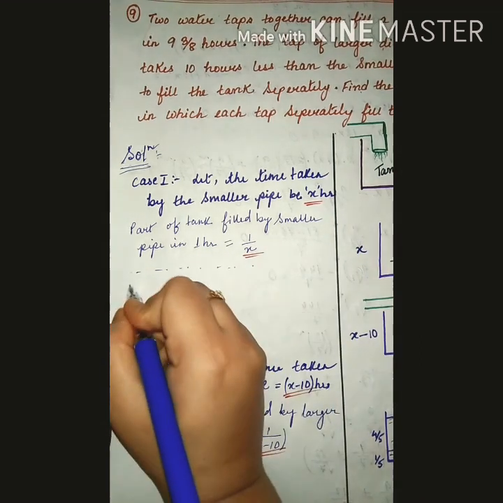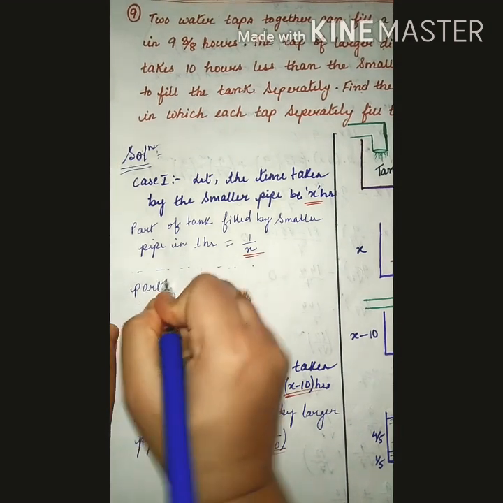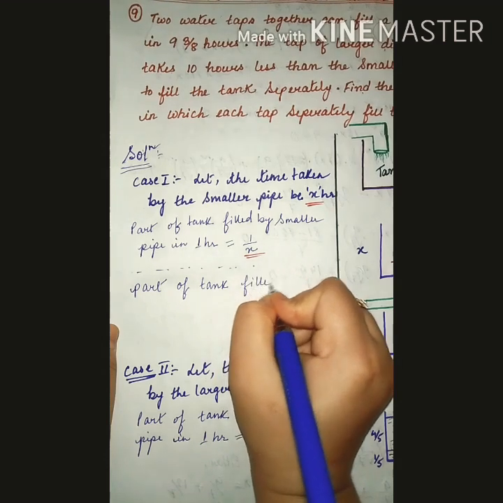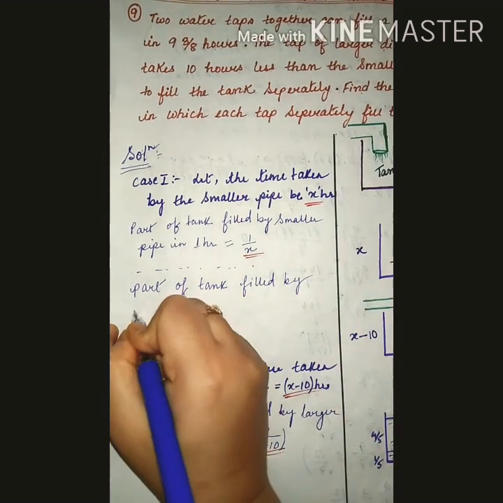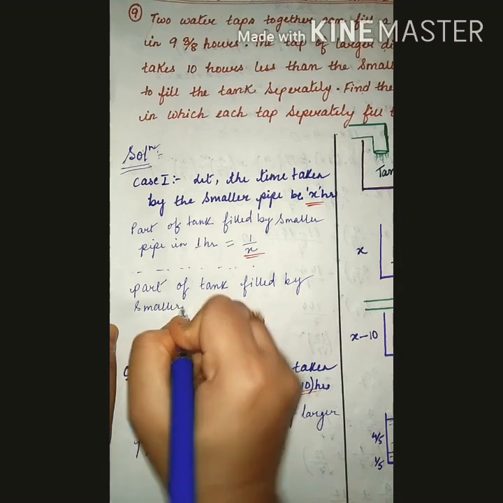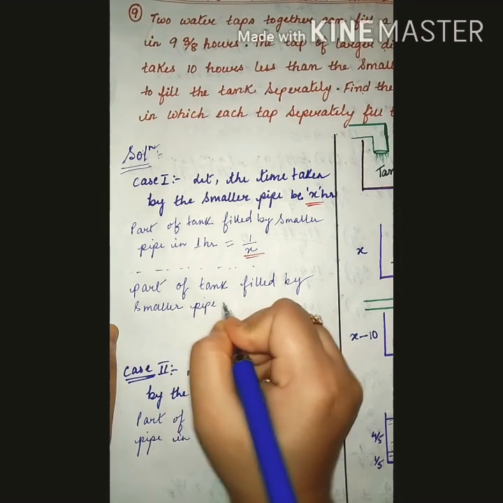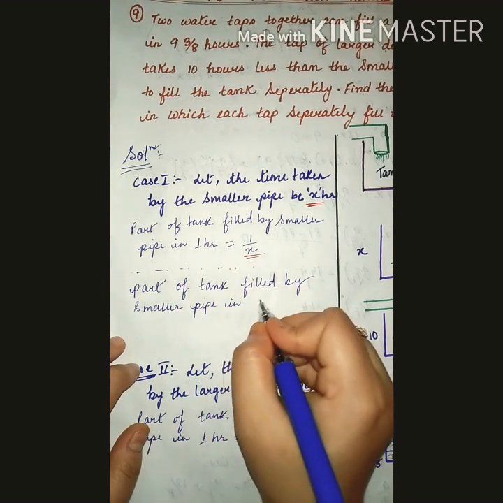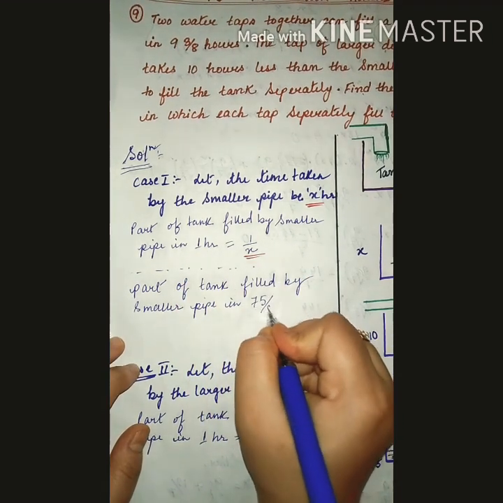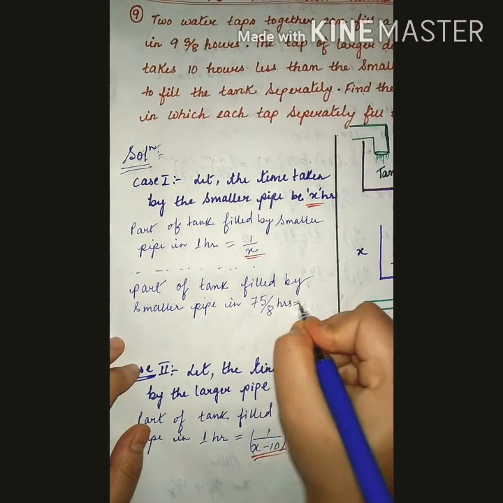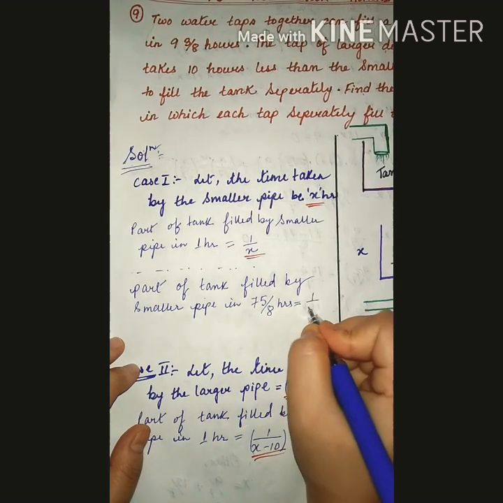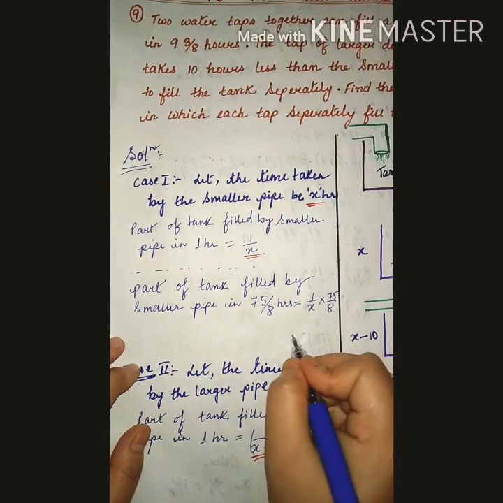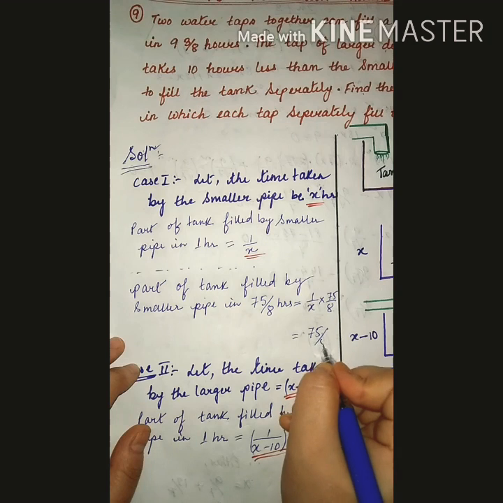Then you write down, therefore part of tank filled by smaller pipe in 75/8 hours is equal to 1 by X into 75/8, isn't it? Which is 75/8x.